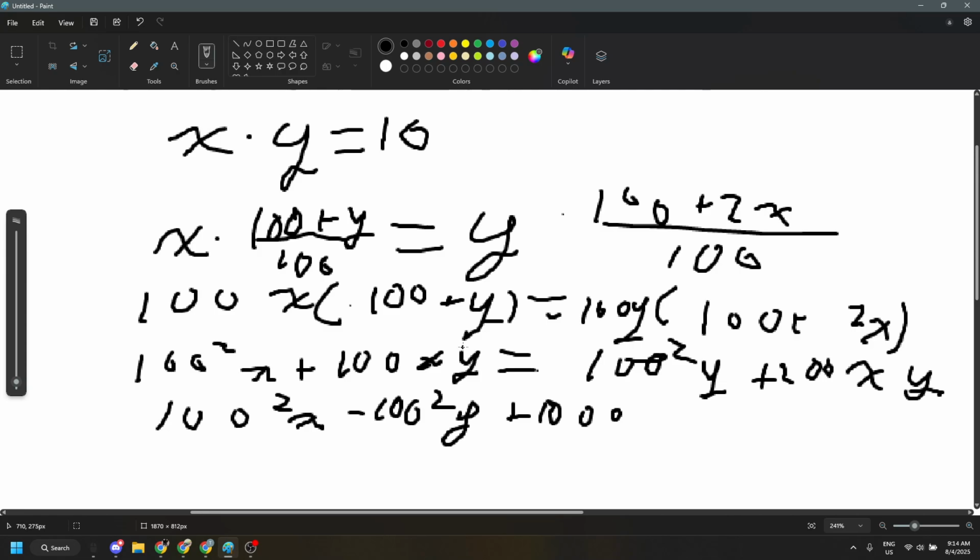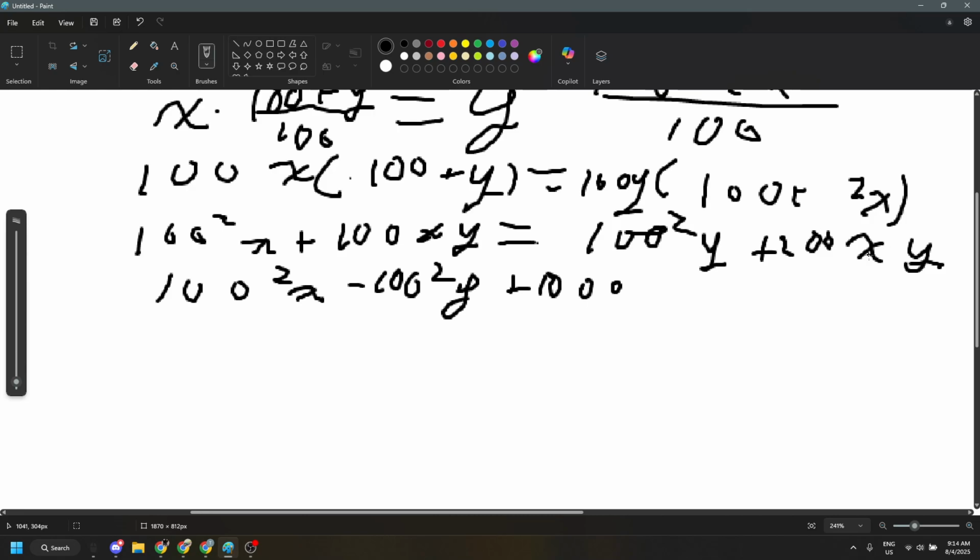Replacing that in 10, that's 10,000. Or just 1,000, sorry. And then here, this is also 10, so this is 2,000, so subtracting that actually gets us negative 1,000 equals 0.